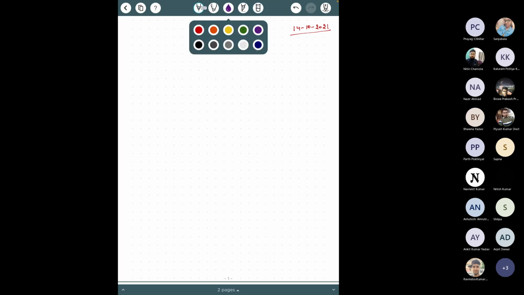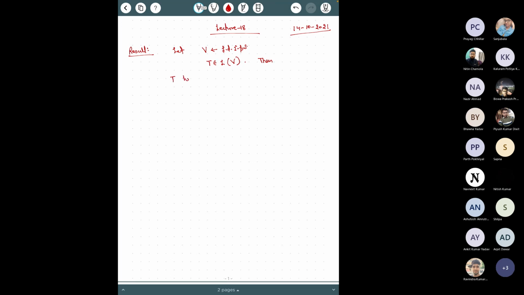All right, so let me write the result first. Let V be a finite dimensional inner product space, and suppose that T is a linear operator on V. Then T has an adjoint on V. What does it mean?